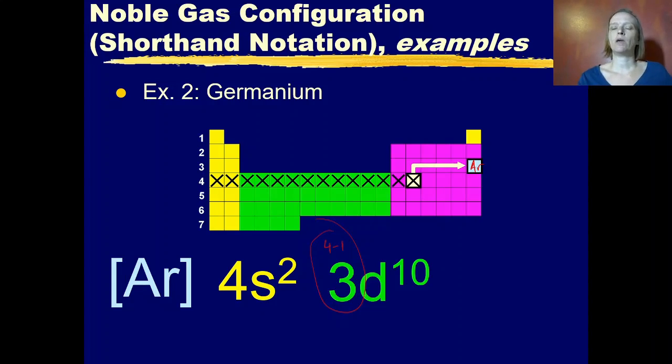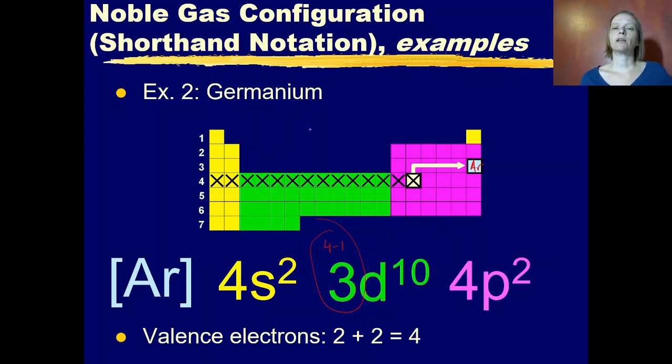And then we are 2 elements into this 4p block here, so it's 4p2. And in terms of our valence electrons, we count these 2 electrons, we count these 2 electrons. We do not count these 10 electrons because they're not in the highest energy level. They're in energy level 3, not energy level 4. Only count the electrons that are in the highest energy level.